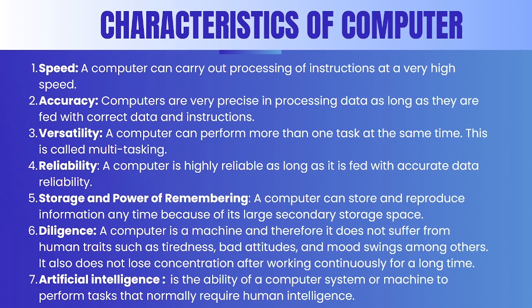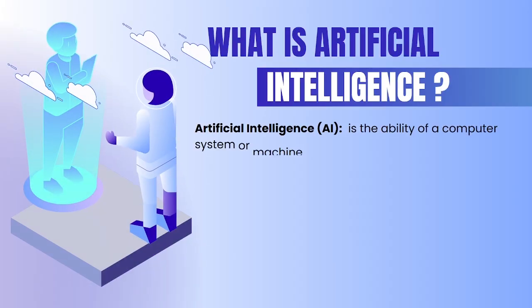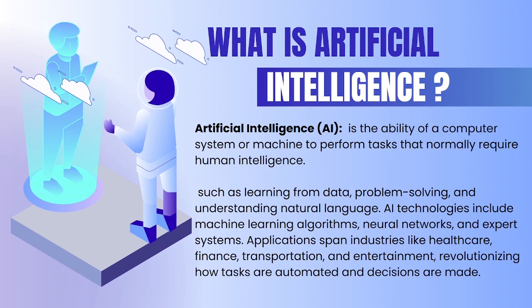Number 7, artificial intelligence. Artificial intelligence is the ability of a computer system or machine to perform tasks that normally require human intelligence. What is artificial intelligence? Artificial intelligence (AI) is the ability of a computer system or machine to perform tasks that normally require human intelligence, such as learning from data, problem solving, and understanding natural language.